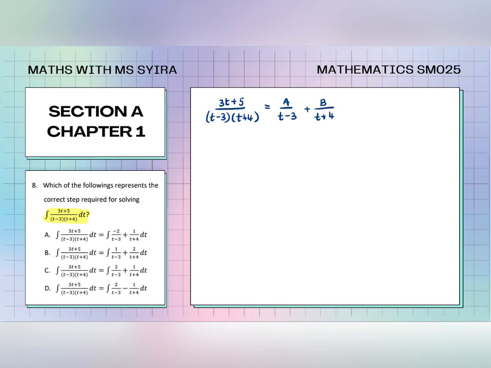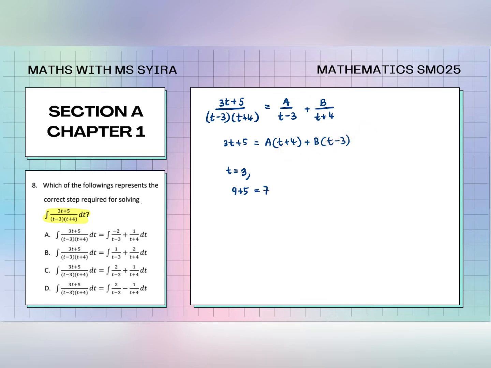Okay, so to get the values of A and B, it does not ask us to fully solve. Looking at the pattern here, we only need to solve for A and B. I think everyone can calculate this quickly. 3t plus 5 will be equal to, after equating the denominators, A of t plus 4 plus B of t minus 3. Then using your calculator. So when t equals 3, 3 times 3 will be 9 plus 5 is 14. Here will be 0, and here will be 7.